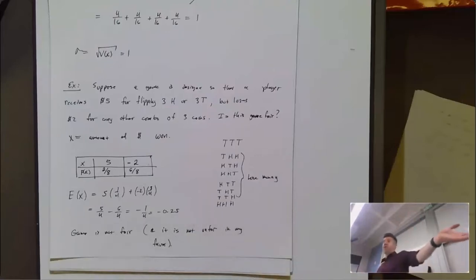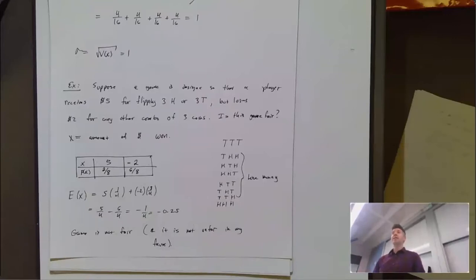Occasionally you're going to win $5, but more often than not, you're going to lose $2. And so if you played this game 1,000 times, you would expect to lose on average 25 cents every time you played it. And 25 cents times 1,000 is going to be $250. So if you play this 1,000 times, you would expect to have lost $250.